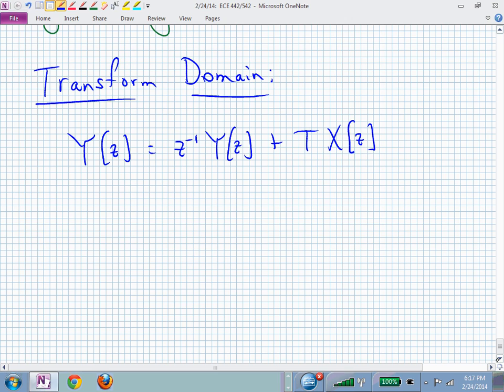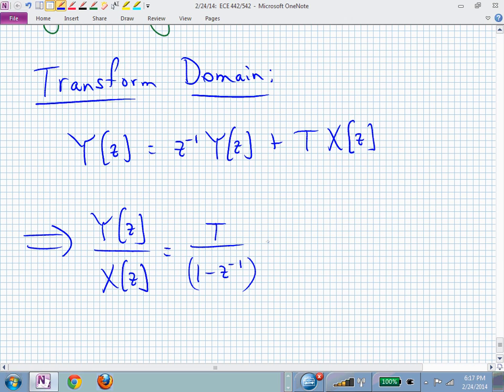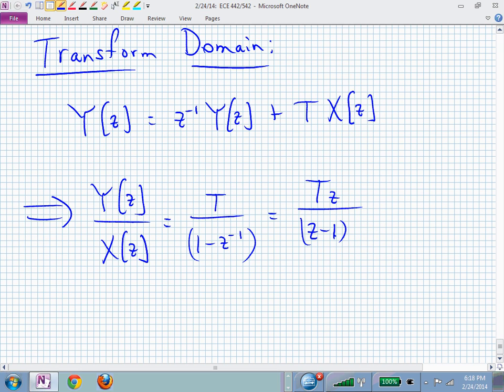Or, getting this transfer function from x to y, which is y over x, is now this T over 1 minus z to the minus 1. Or, if I multiply both top and bottom by z, I now have Tz over z minus 1.